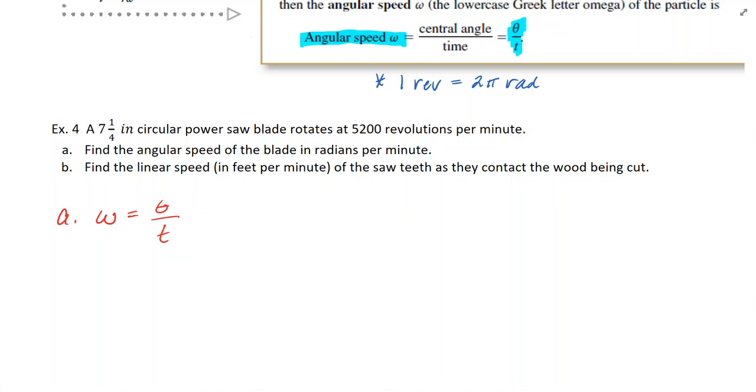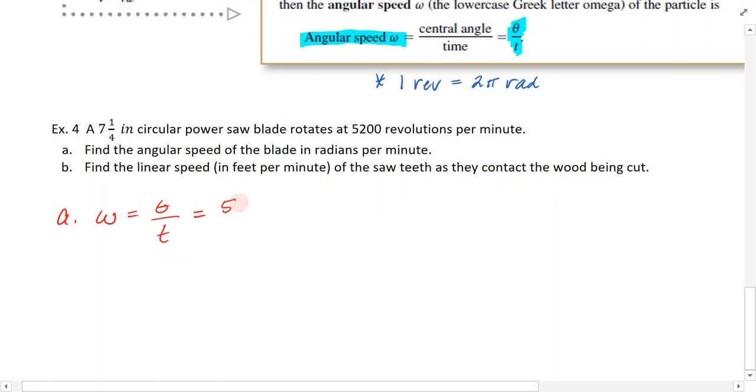Well, let's start by converting our revolutions into radians. So when I do that, if I have 5,200 revolutions, and in fact, I'm going to write this a little bit differently. We're told already that we have 5,200.